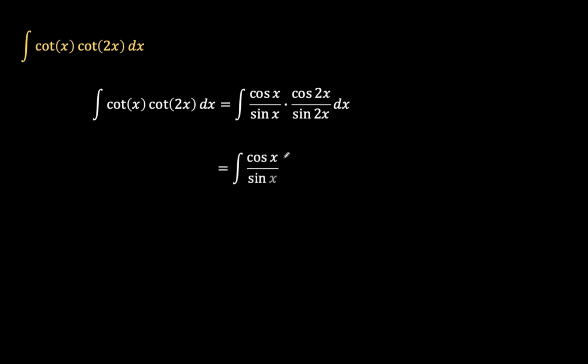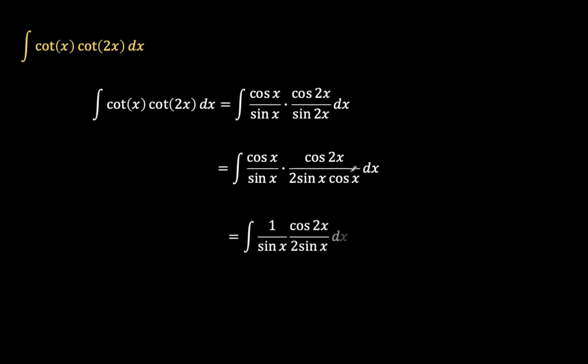And so keeping the single angle formalism as they are, we could now go ahead and express sine 2x as 2 sine x cosine x. So cosine x would cancel with that.